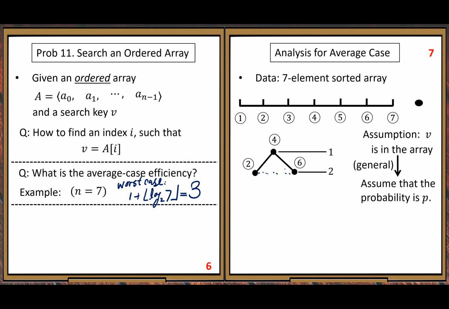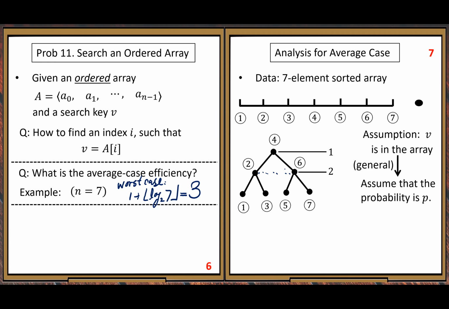Then going down, another left-right consideration. So 1 is at the left of node 2, and 3 at the right of node 2, and so on.